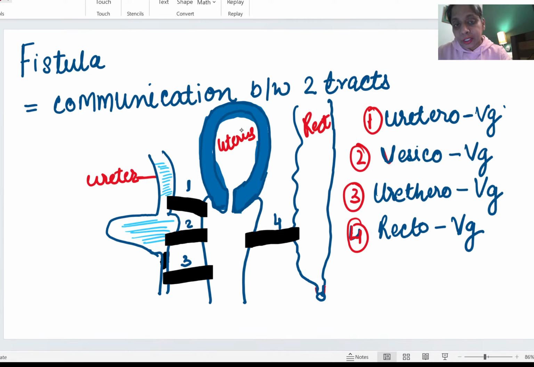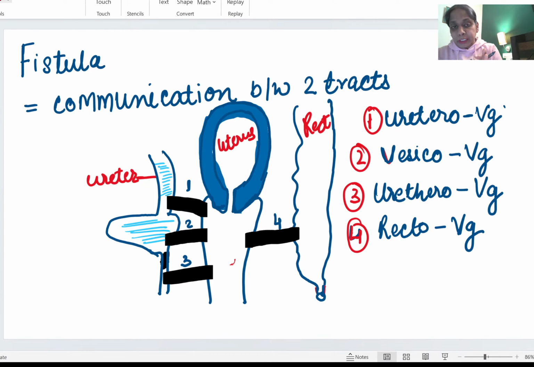In the genital tract we mainly have the uterus and vagina, right? And all the fistulas in our syllabus are connected to the vagina. So a communication between the vagina and the urinary tract is in our syllabus. Okay, Shilpa, focus here. It will be given. Don't worry.